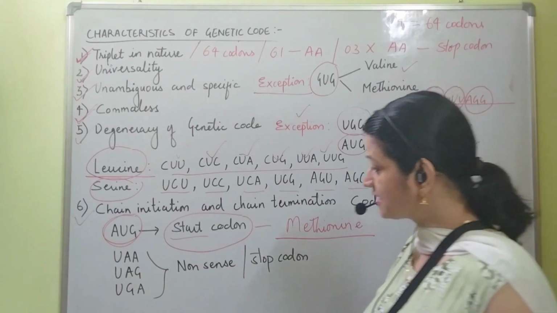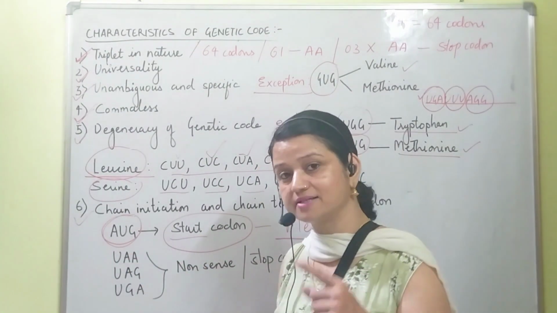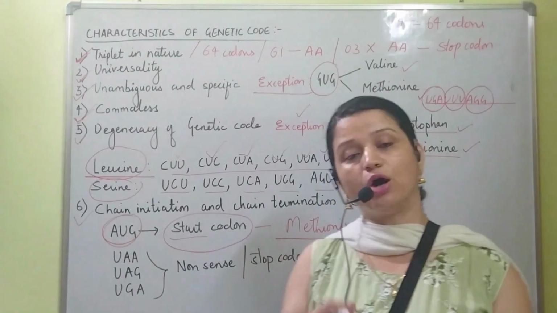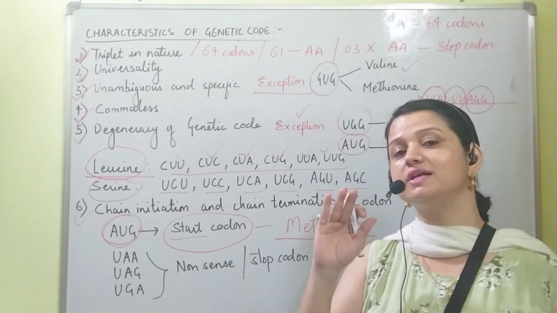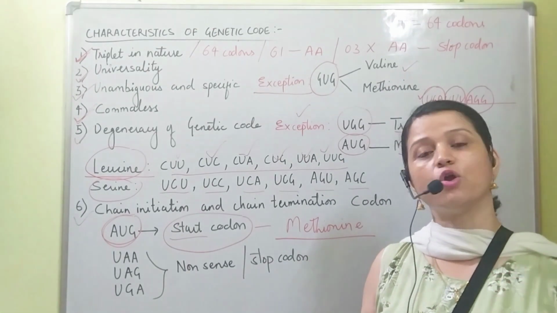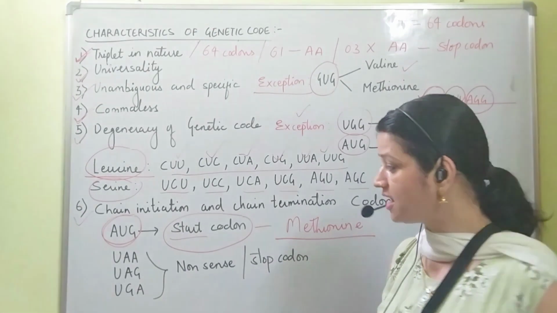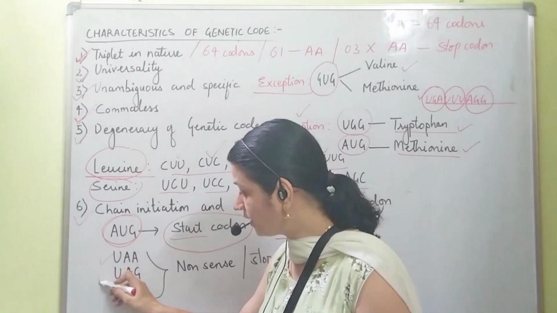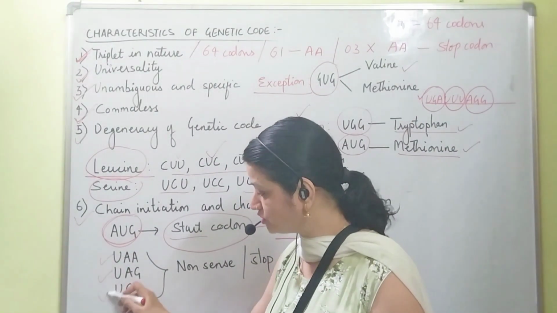Clear? Next, there are 3 codons. As I told you earlier, there are a total of 64 codons, and out of these 64 codons, only 61 code for amino acids. 3 codons will not code for any amino acid, and those 3 are UAA, UAG and UGA.